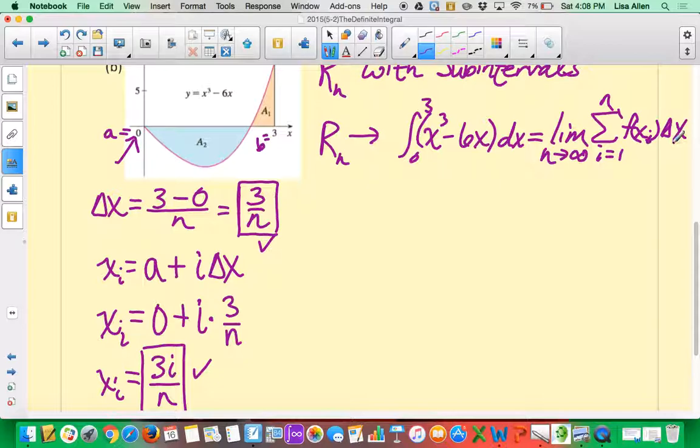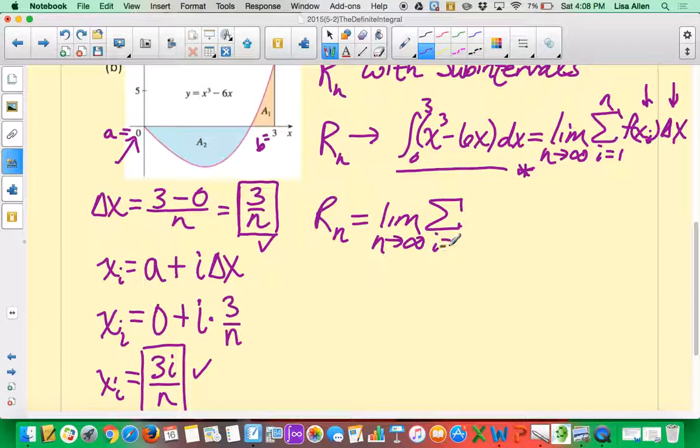So now what we want to do is plug in our expressions for x sub i and delta x. So we'll forego the integral representation right now, and we'll say r sub n is equal to the limit as n approaches infinity of the summation from i equals 1 to n of f of, now we need the expression for our x sub i, which is 3i over n, times delta x, which is 3 over n.